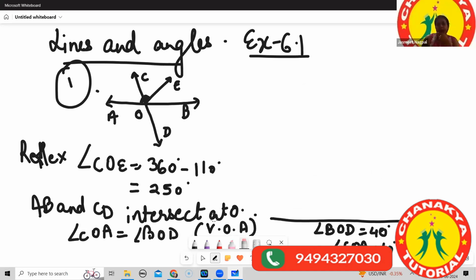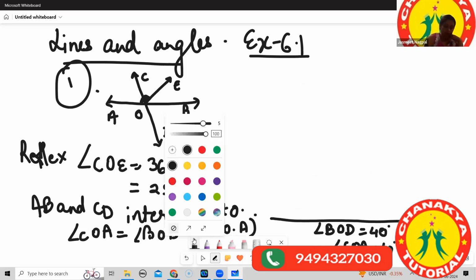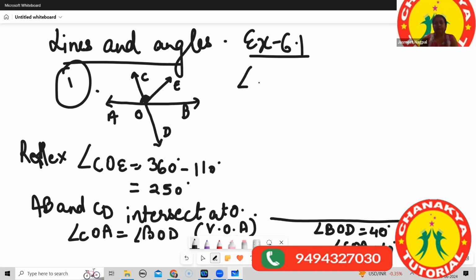Now you have written already these two are the vertically opposite angles. So these two are equal to 40 degree. Now AOC and BOE sum is 70 degree, right?